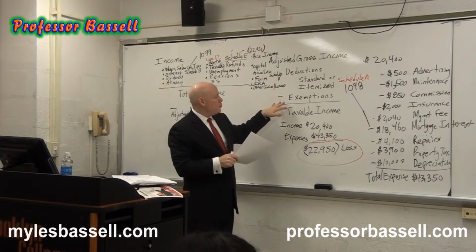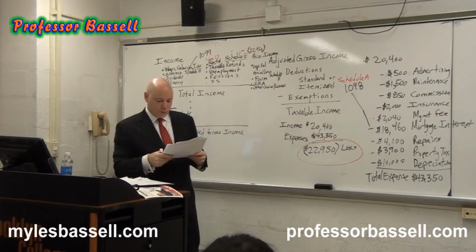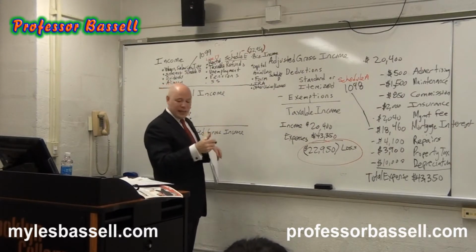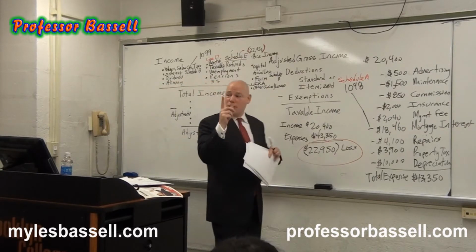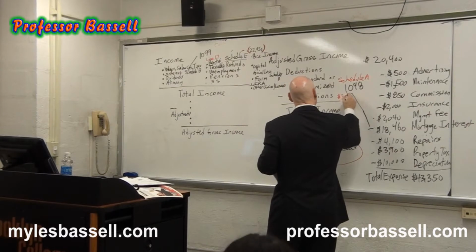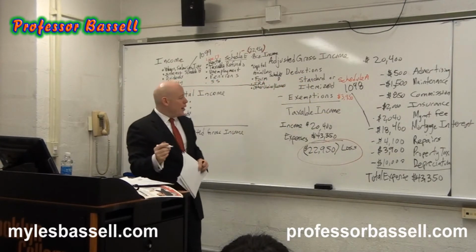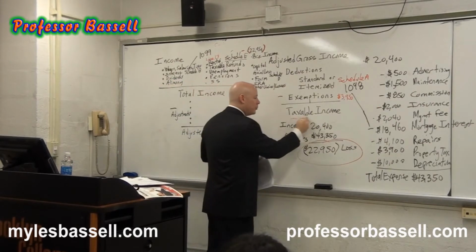So we subtract our exemptions, and for 2014 that's $3,950 per exemption. And we're left with our taxable income.